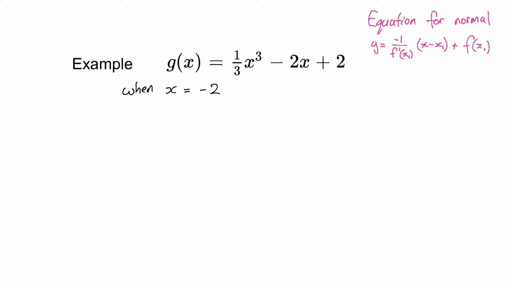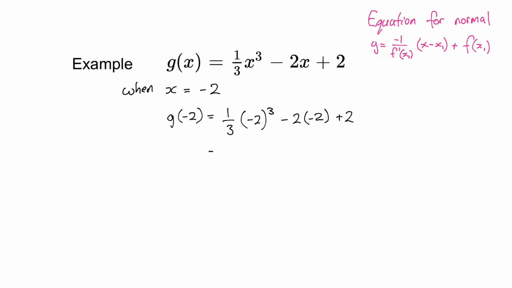So first of all, let's evaluate our function at that point. So we're going to solve when g of x is equal to x of minus 2. So we'll just plug that straight in. 1 over 3 stays, minus 2, we're going to cube that. We're going to have minus 2 outside of minus 2 plus 2.